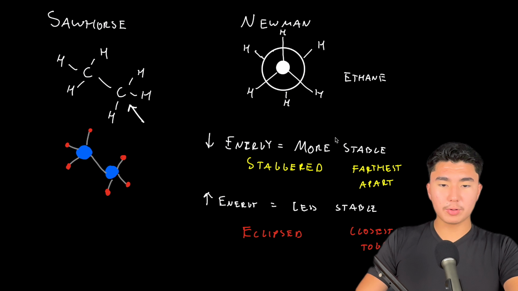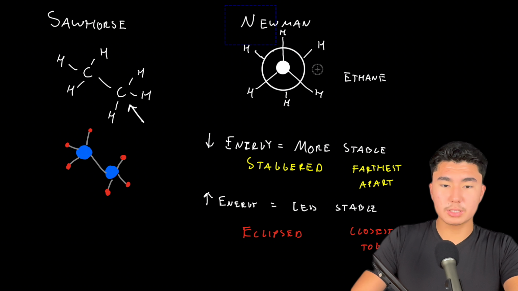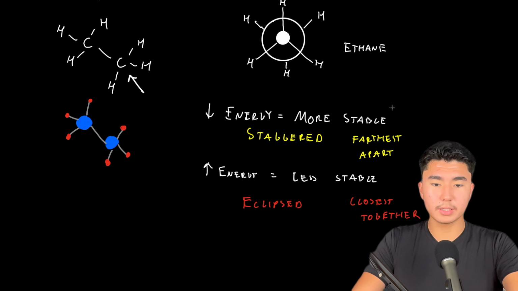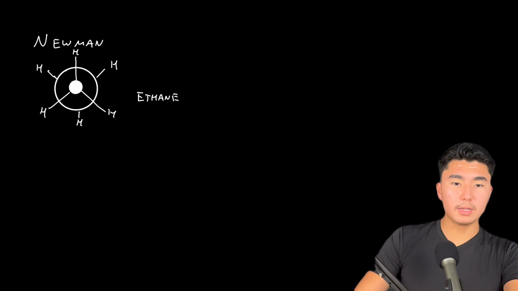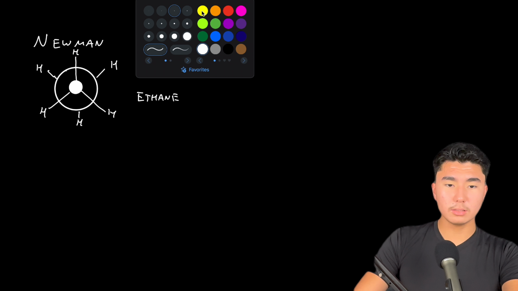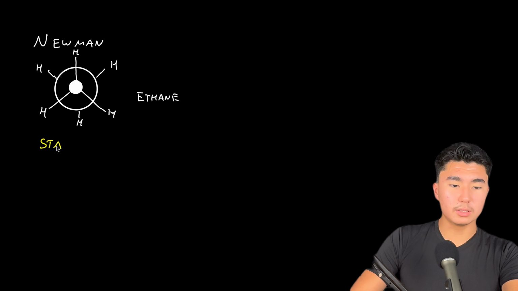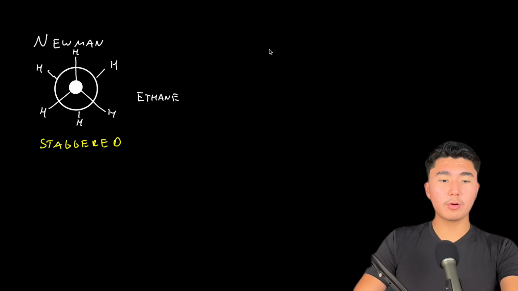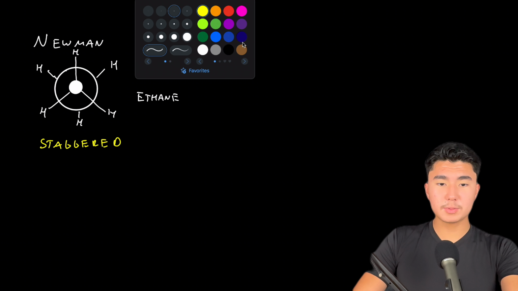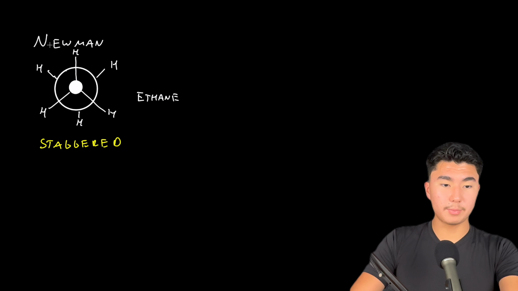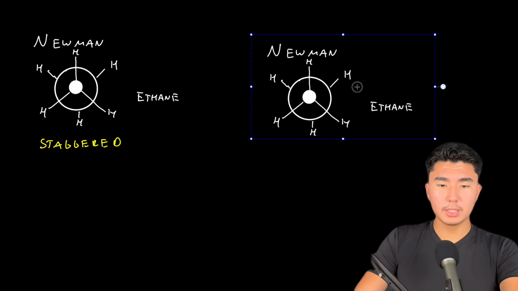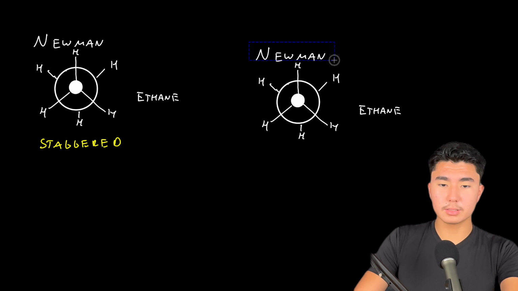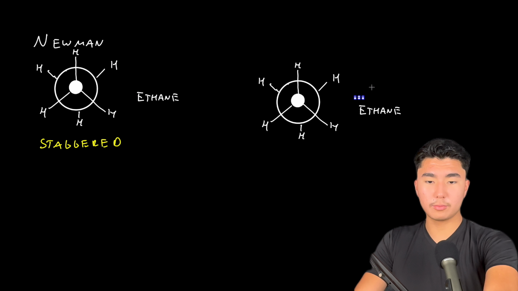And to see what eclipse is going to look like, let me just copy this so I can scroll down real quick. So this is our staggered, and I'm going to write this in yellow. Now, if we want to see what an eclipse looks like, I'll move this over here and take this Newman stuff out of the way.